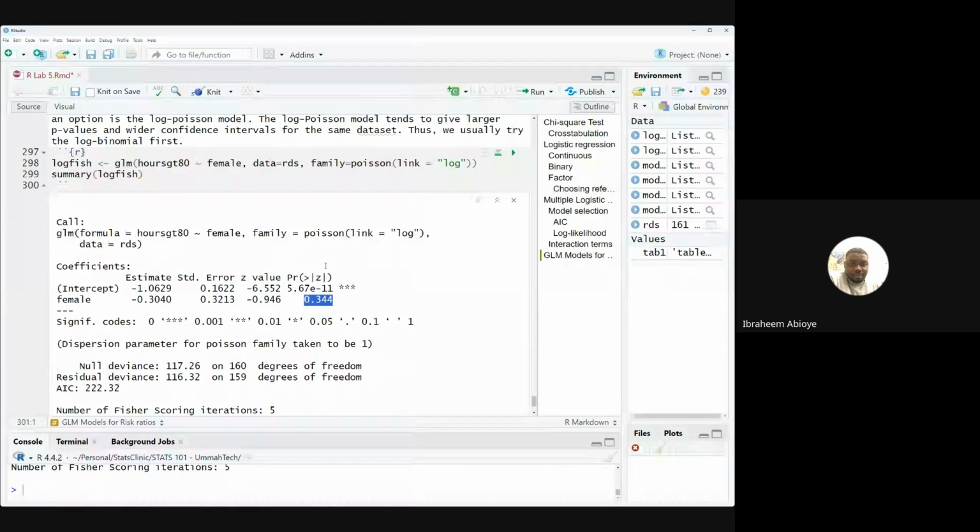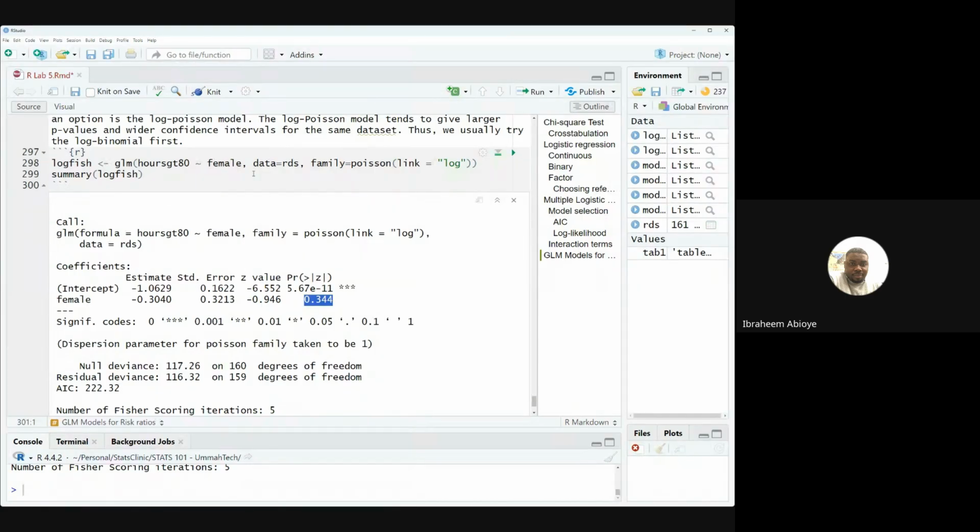So a lot of clinicians actually prefer the risk ratio to the odds ratio. This is why we continue to show these models, so that there are options for people who want the risk ratio. Another way that we could have done this is to calculate the odds ratio and then convert it to the risk ratio, but that's sort of roundabout.